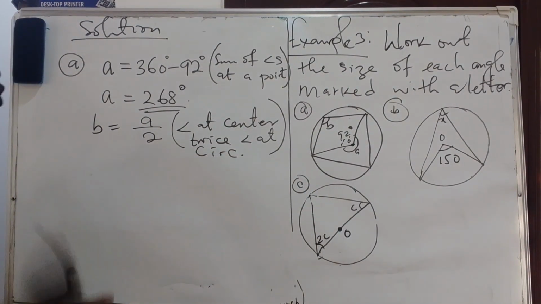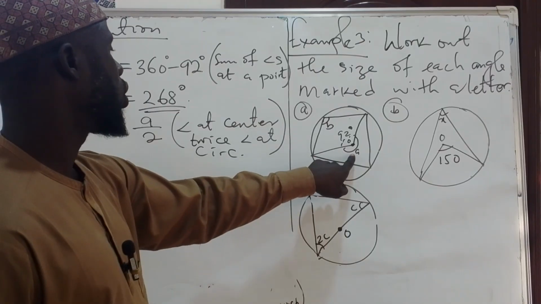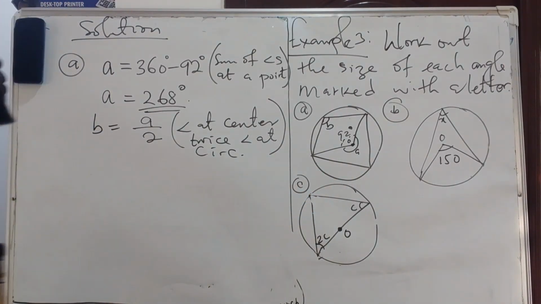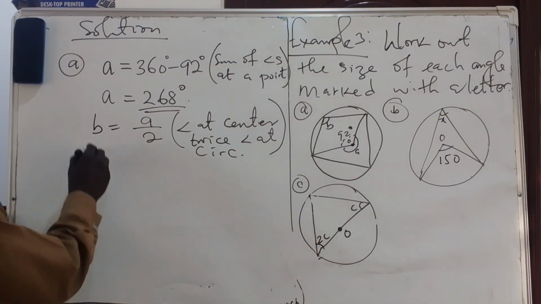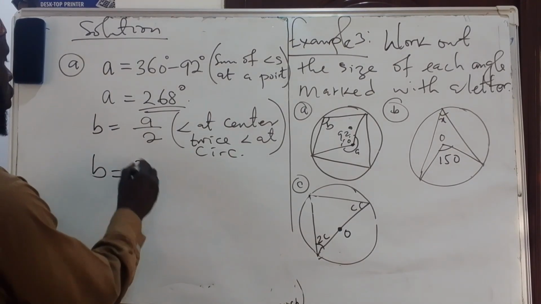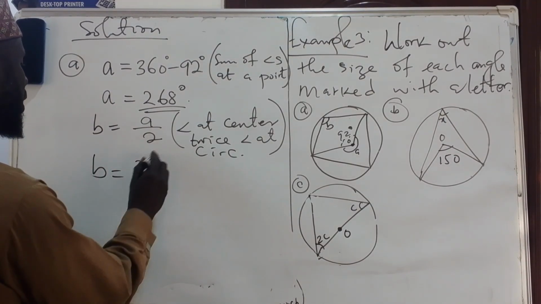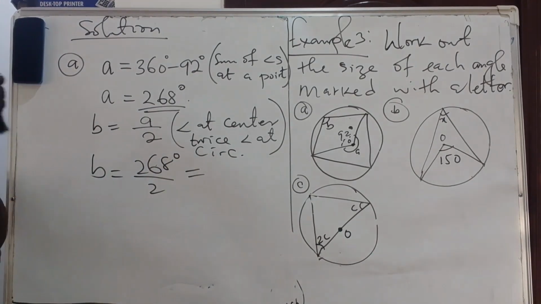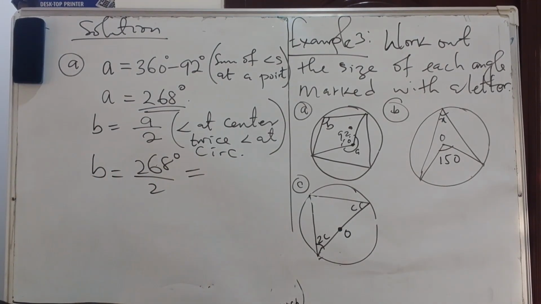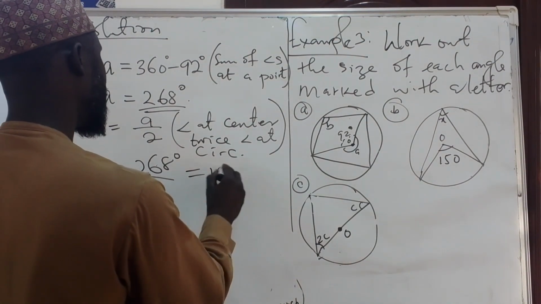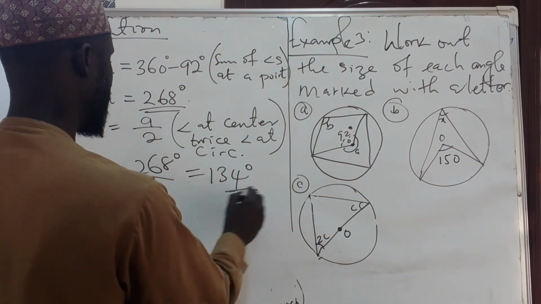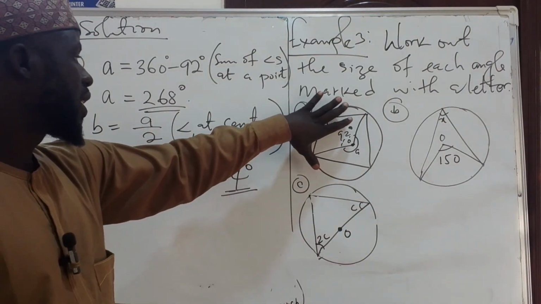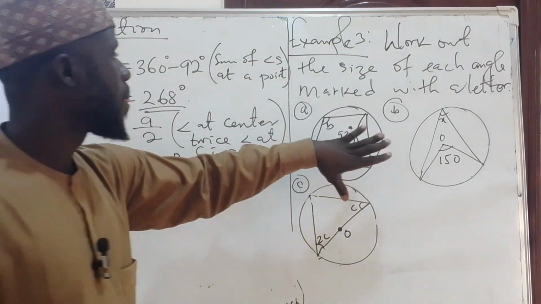So here is 268, then here will be half of 268. Actually, B is equal to 268 divided by 2, and that will be 134 degrees. So we have solved question number A completely in example number 3.